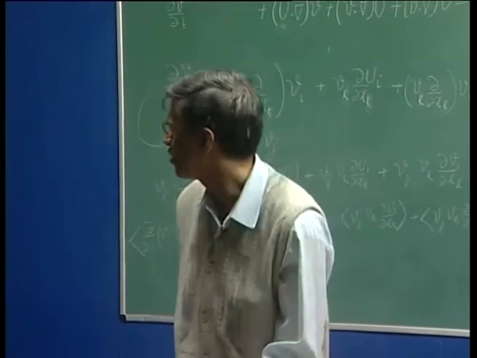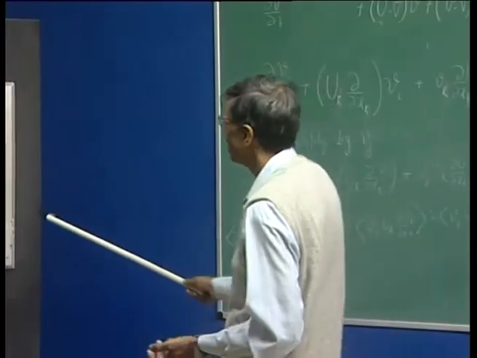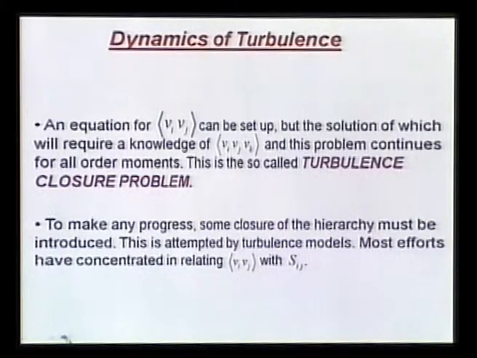So, this is what is called the turbulence closure problem. At whatever level you look at, you will always have something which is not known at the higher level.